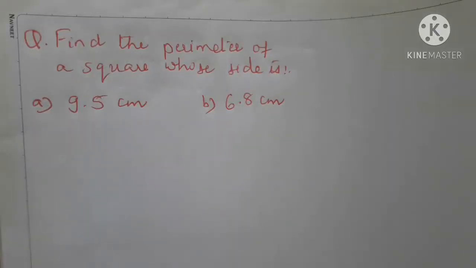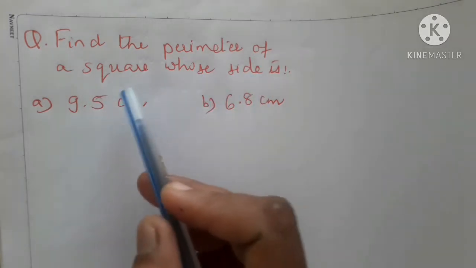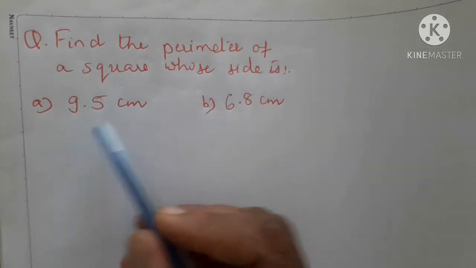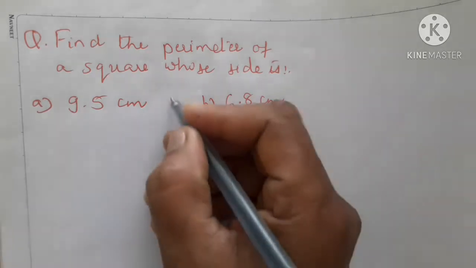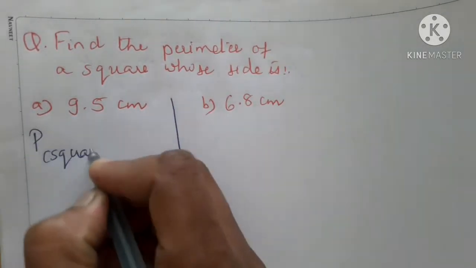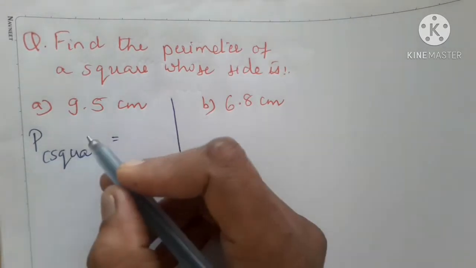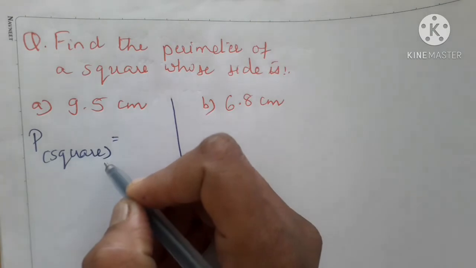Now let us solve a few questions based on finding the perimeter of a square. See the first question given here. Find the perimeter of a square whose side is 9.5 centimeter. Okay, so here I will write perimeter of a square. As I know, all the four sides of a square are equal.